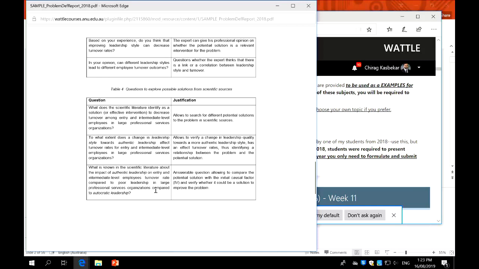So either poor leadership or autocratic leadership. So make sure your questions are of that format, right? What is known in the scientific literature about the impact of your intervention compared to whatever your comparison is on your outcome in the context of whatever your context is, right? Make sure all your questions are like that.